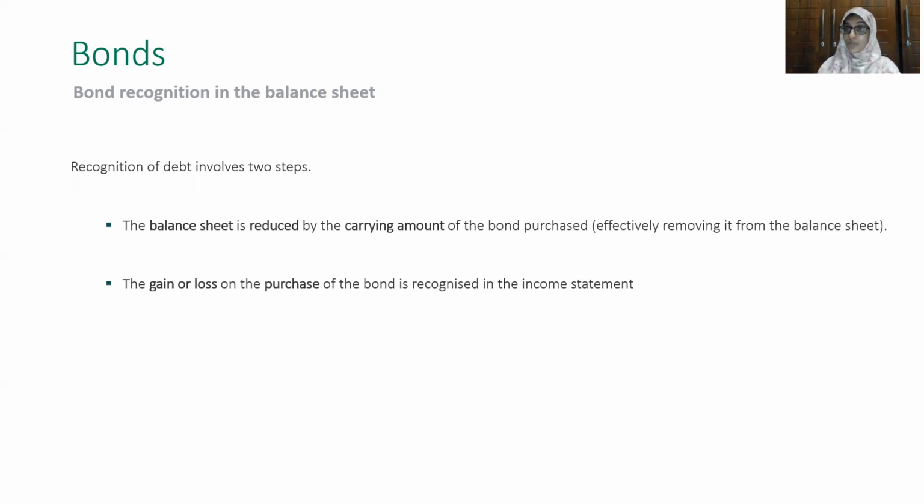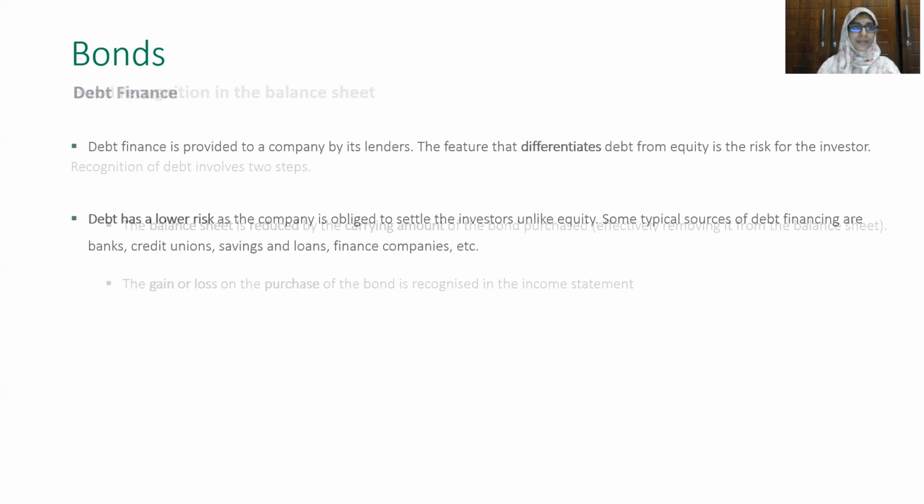If there is a gain, obviously you will be adding it as income in the income statement. And if there is a loss, we would be recognizing it as a loss or an expense in the income statement. That is how we include the bond amounts in the balance sheet as well as the income statement.